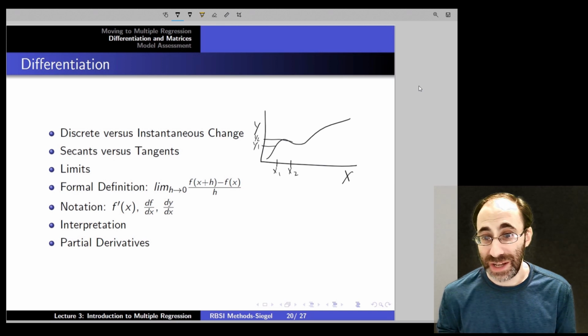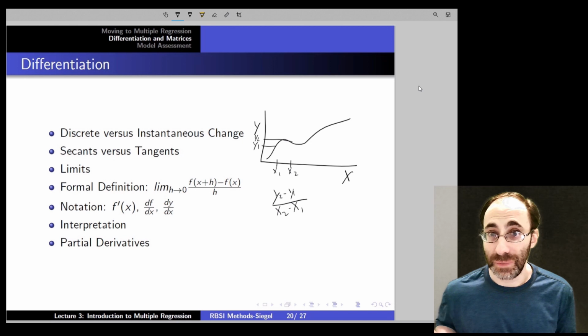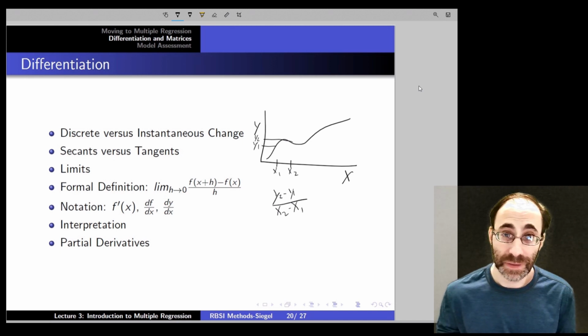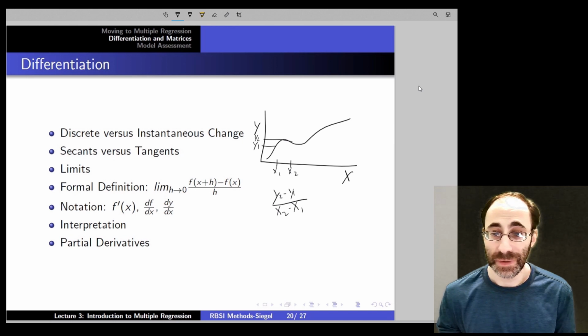So if I want to know how it changed between x1 and x2, I can take a difference in the y's, and I can divide by the difference in the x's. And that's the discrete change in y given a particular change in x between those 2 points.